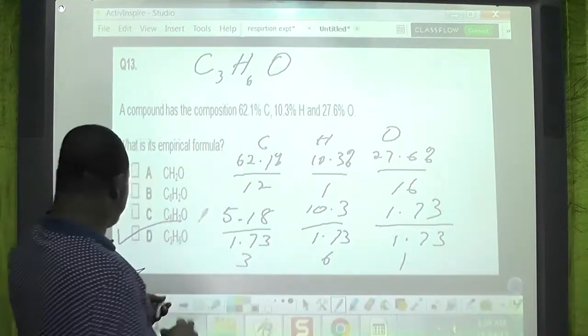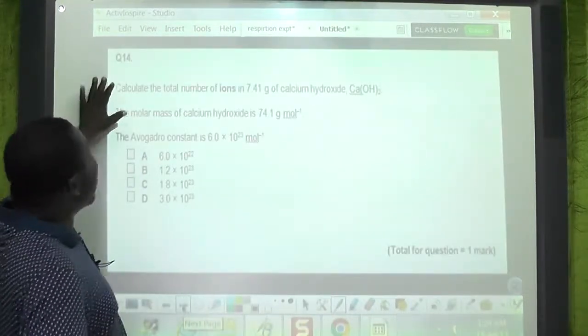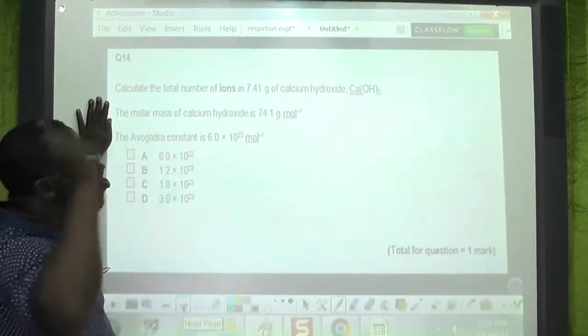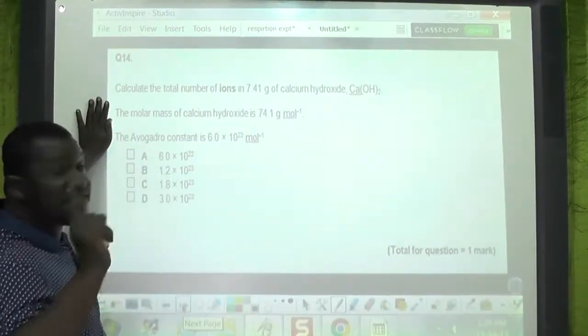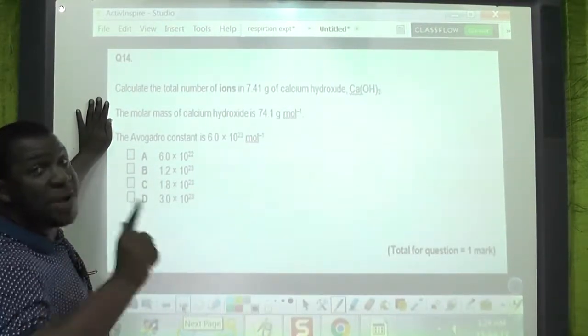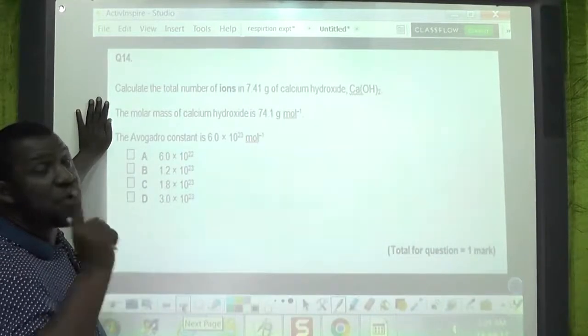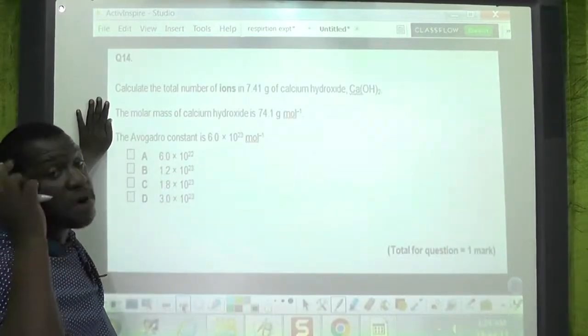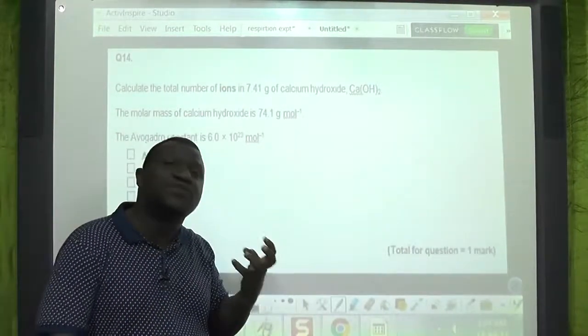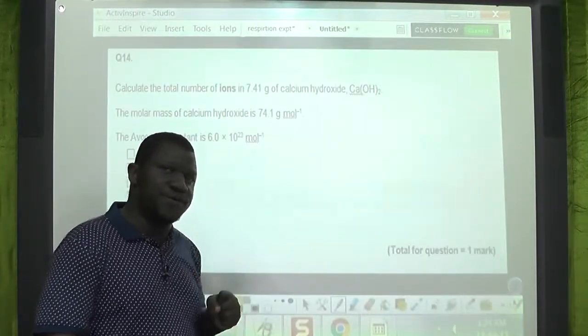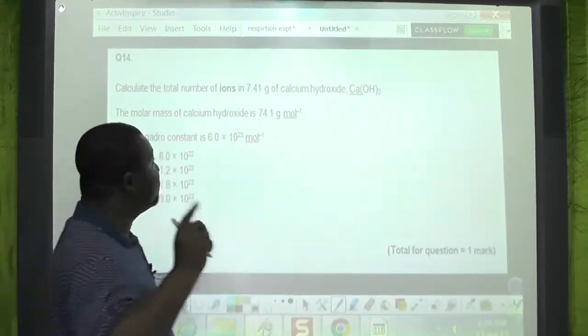Let's go to question number 14 quickly. Calculate the total number of ions. Don't forget that when we are talking about Avogadro's number, we will also talk about atom, molecule, or ion. These are units of substances. Don't forget that from the video of mole.